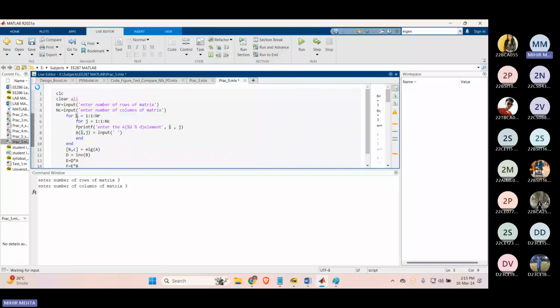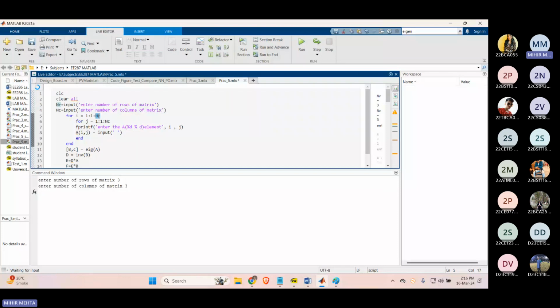No, you can use any variable anywhere, but you need to use it in a way that the MATLAB program is able to understand that this variable is used for either rows or columns. Here the starting point is 1, and after you complete this loop there would be an increment of 1, and the last value it will reach is the number of rows that you have input. In our case, the number of rows is 3, so this would increment till you reach 3.